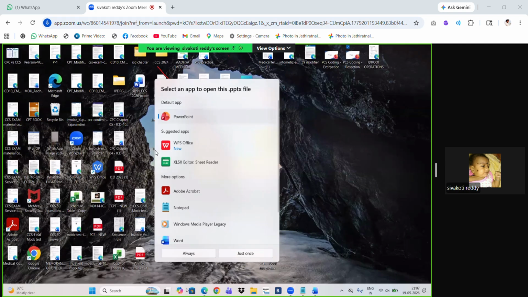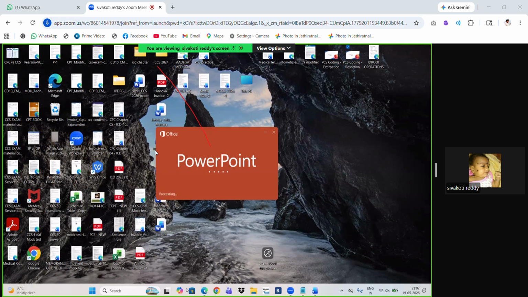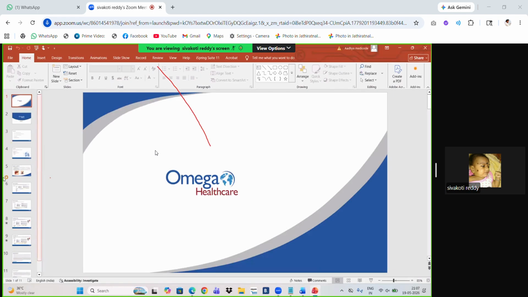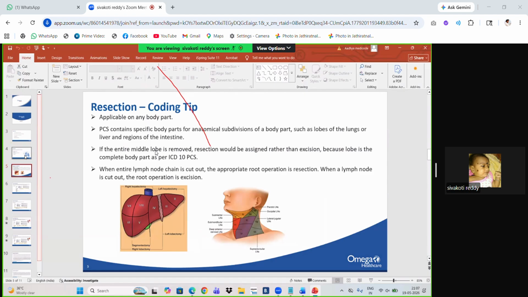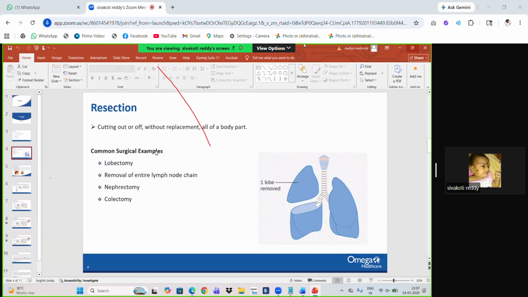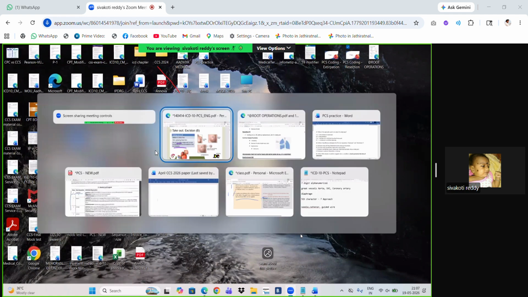And in the colon, if they do ascending colon or sigmoid colon, resection.